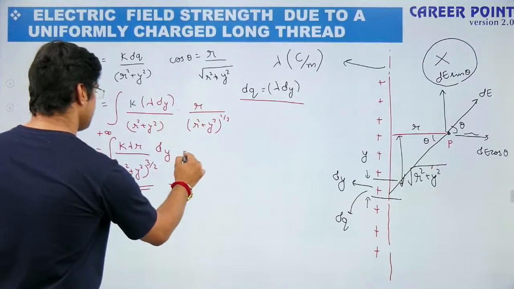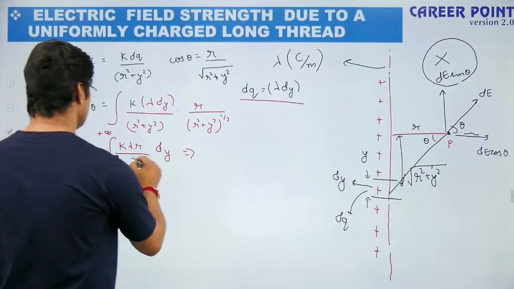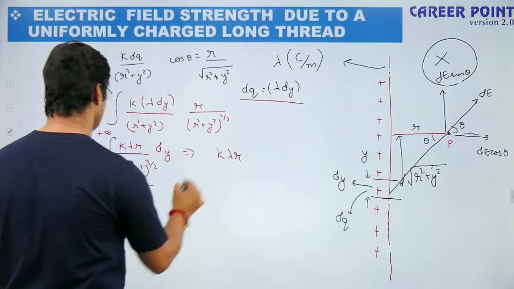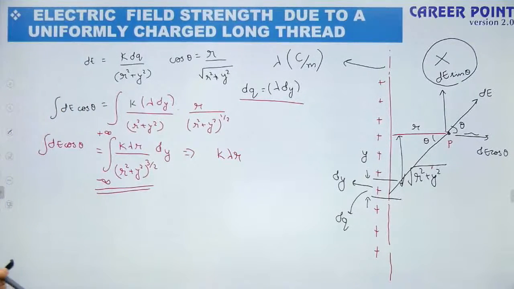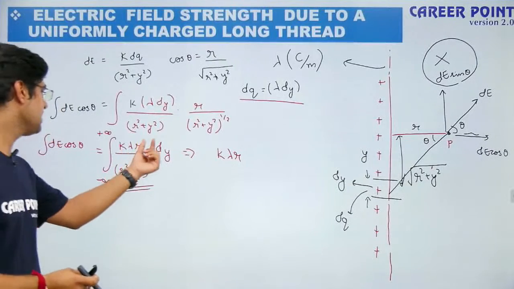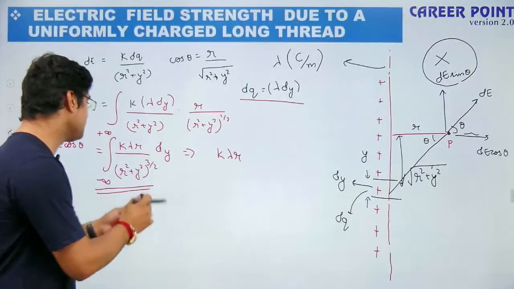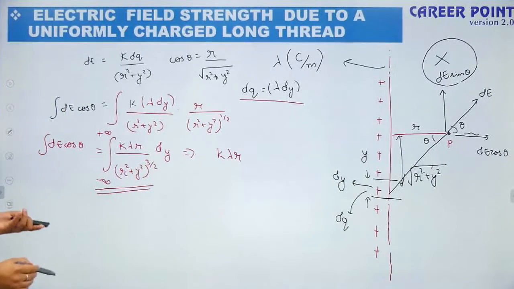So in that case, this can be expressed as k lambda r into the integration of dy upon r square plus y square raised to power 3 by 2. Instead of that I am directly writing the value. See, focus here.